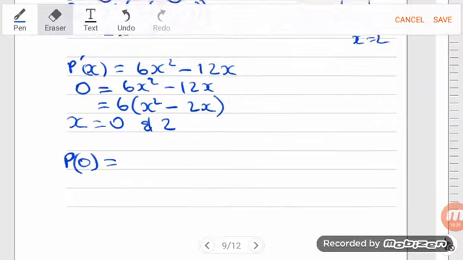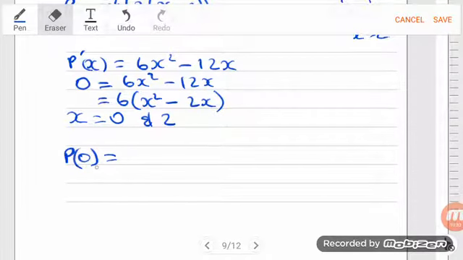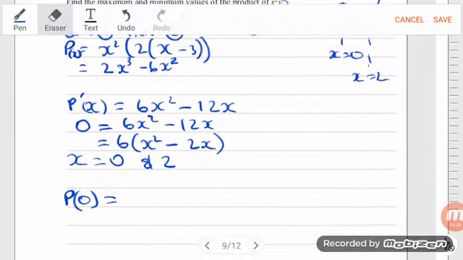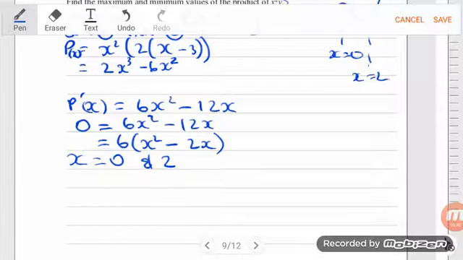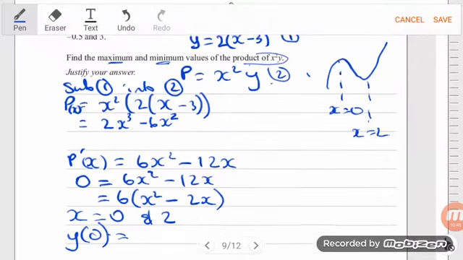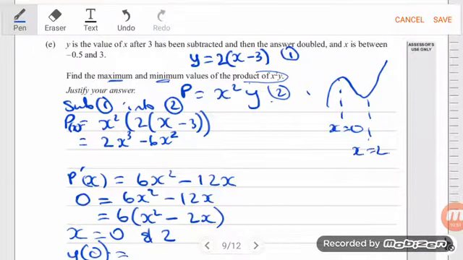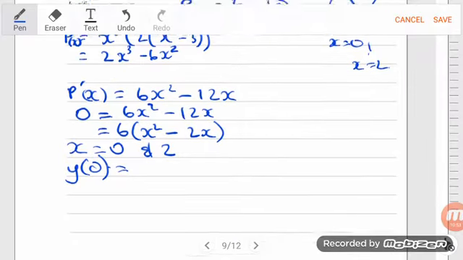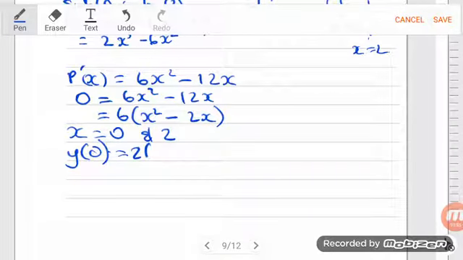Let's try that again. So y when x is equal to 0 is equal to 2 times bracket 0 minus 3, which gives us negative 6.